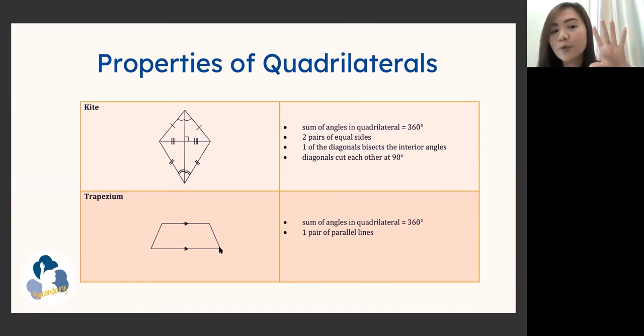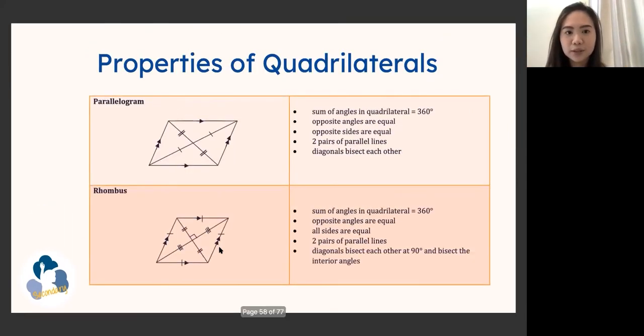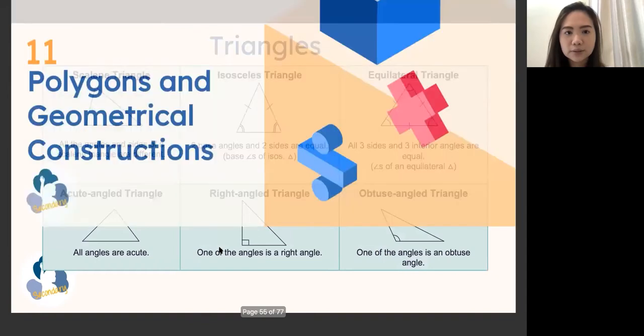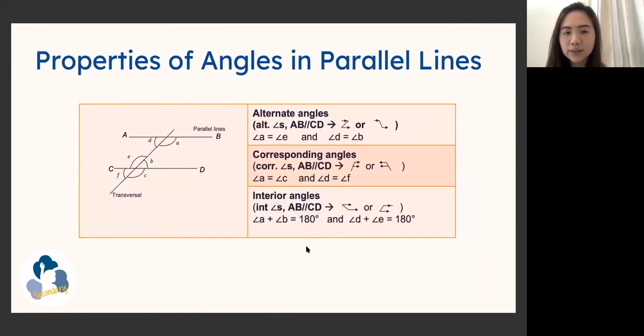Usually they will want to test your concept of interior angles, corresponding angles, and alternate angles. So when we see a trapezium, immediately we have to recall these three important concepts, these three important properties.